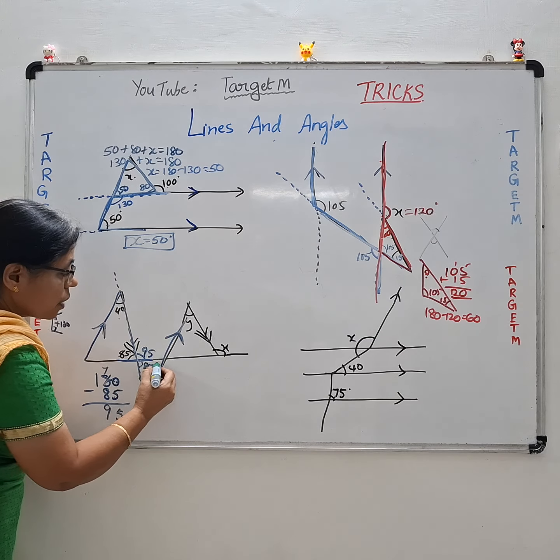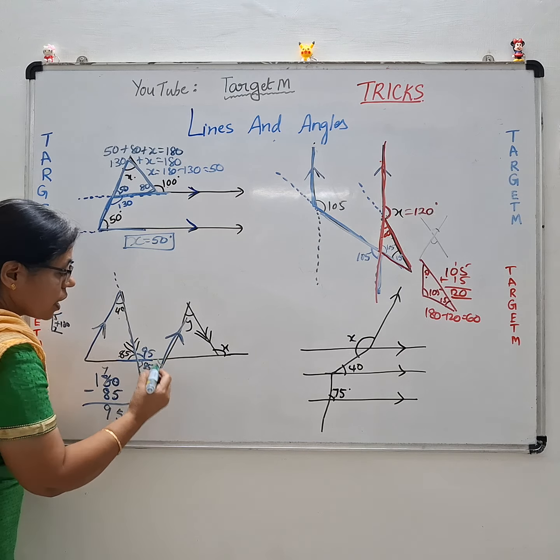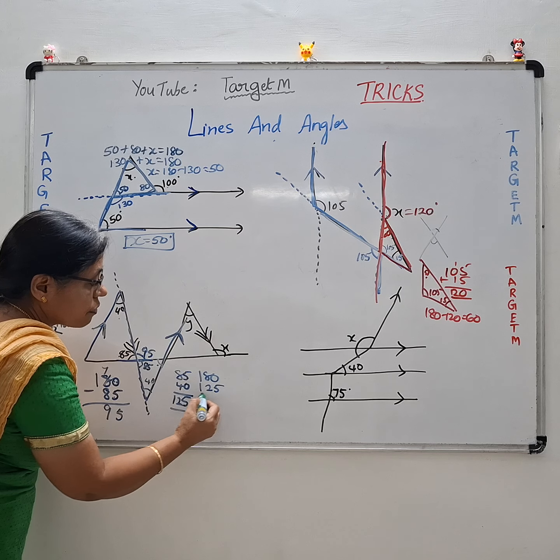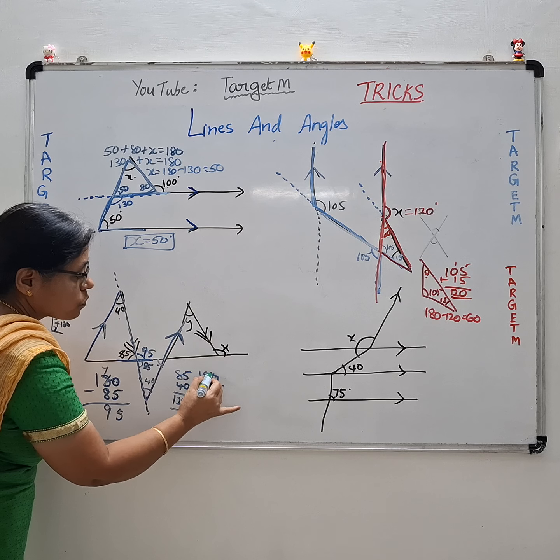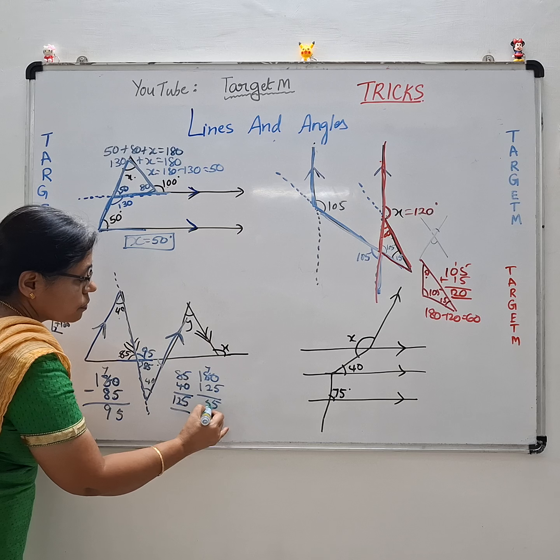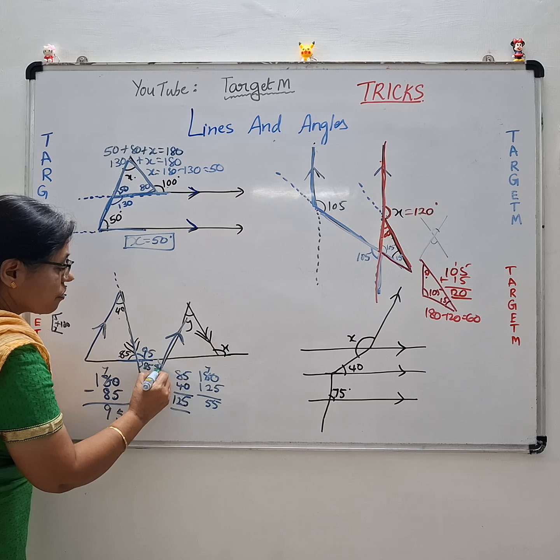Now 85 plus 40, how much will that be? 85 plus 40 is nothing but 125. Now if this is 125, to find this angle, by the angle sum property of a triangle, that is 180 minus 125, so this will be nothing but 55 degrees.